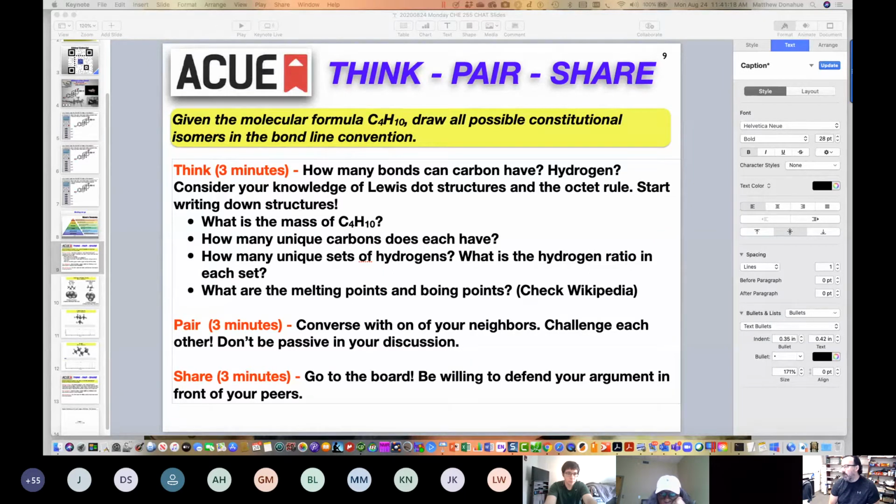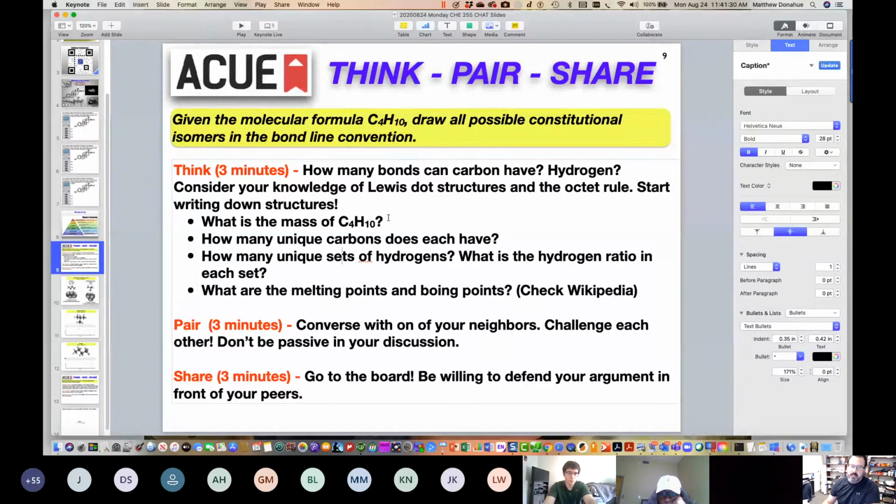It's 9 to 1. One type are methyl groups. There's 3 of them. They're all equivalent. 3 times 3 is 9, plus the methine is 1. Notice that the total hydrogen count is what we see in the molecular formula.